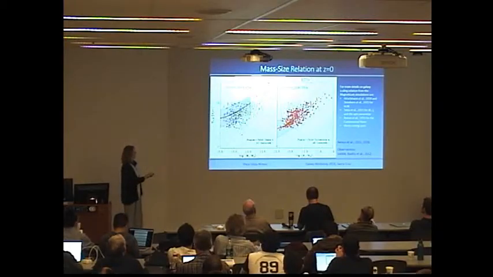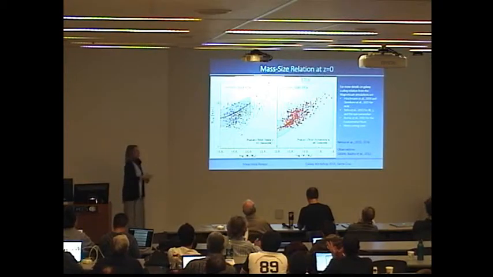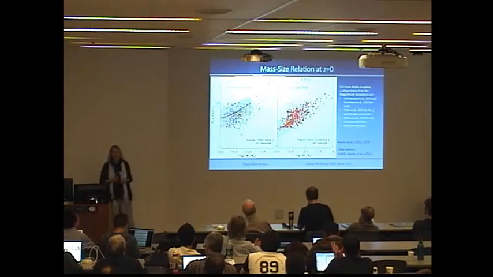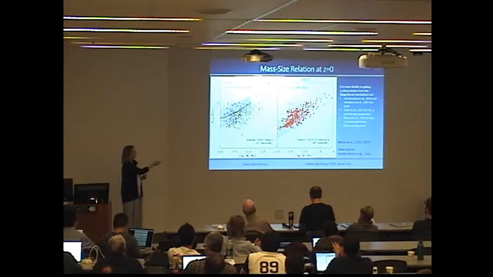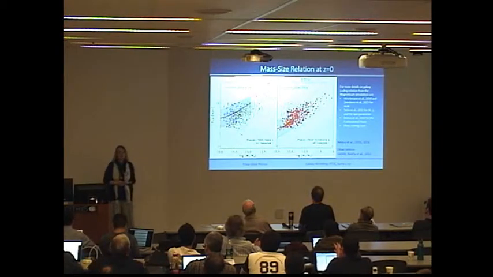Here you see the stellar mass, and here the half-mass radius calculated from the simulation. With this simple mechanism, LTGs are in blue and early type galaxies in red, and in black you see the results from GAMA. We fairly nicely reproduce the split between the two kinds of galaxies that you can also see in the observations.